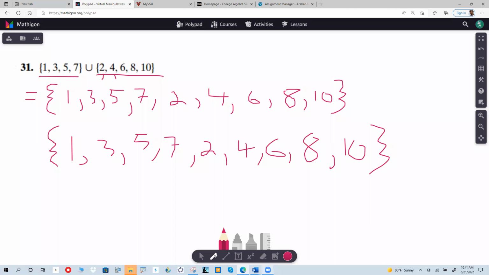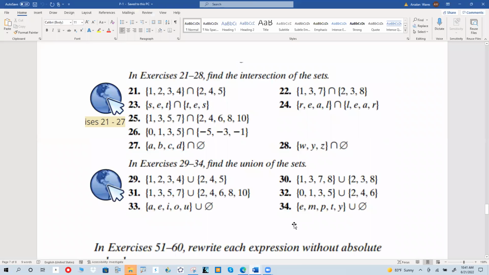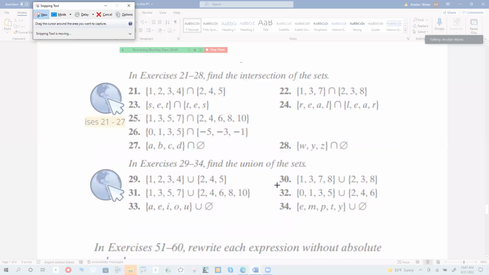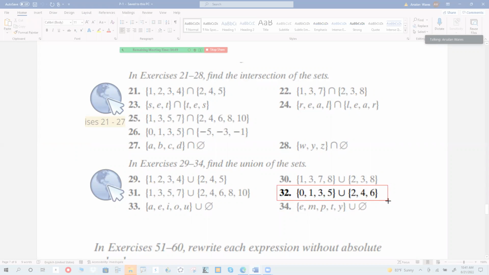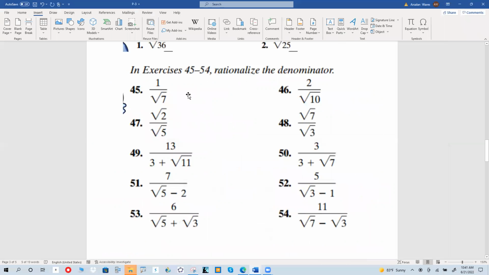Yes. Awesome. Let's do the other one you asked. 32, if I'm not mistaken. Oh, did you want 32? Yeah, union. I can do it, but I wanted to do one intersection, but it's okay. Oh wait, no, we could do an intersection just so we hit the different. Yeah.